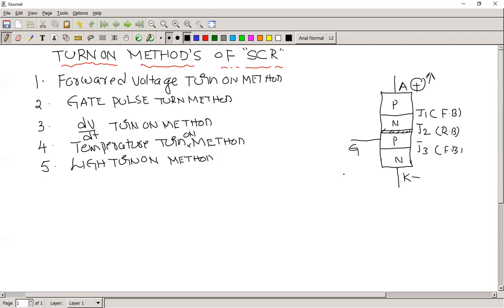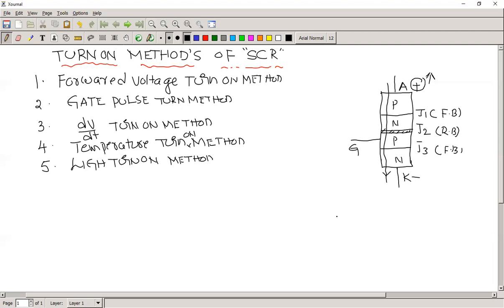Avalanche breakdown occurs. Once the avalanche breakdown occurs, the device allows a current from anode to the cathode. This method is the forward voltage turn on method.